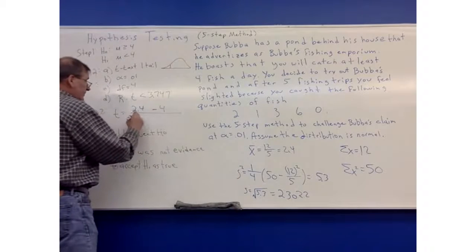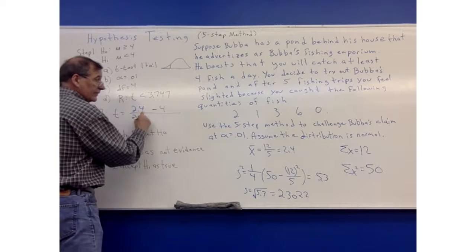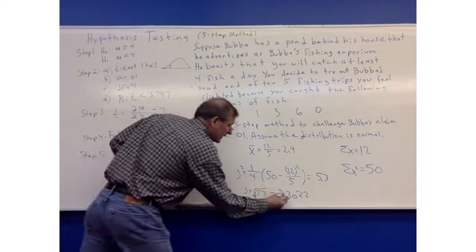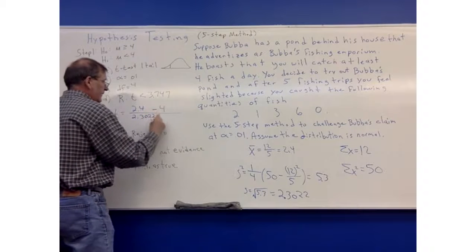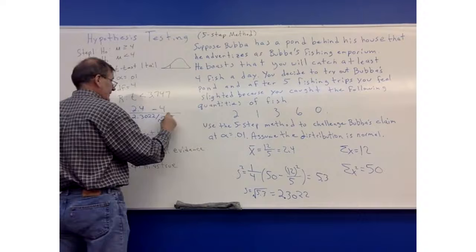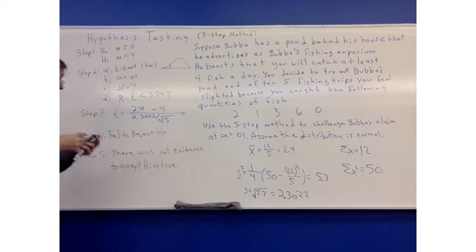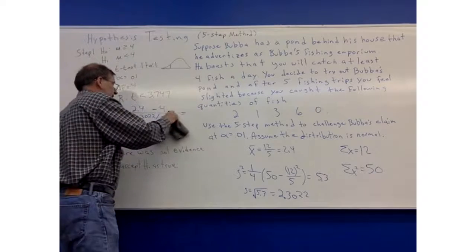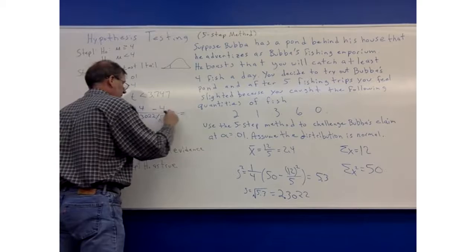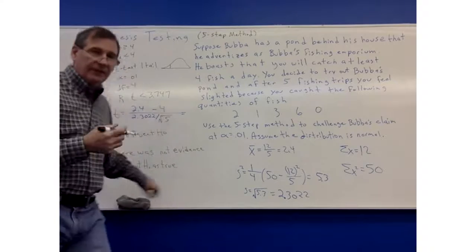This is going to be S, 2.3022, divided by the square root of n. N was 5. Okay, so we had to compute, well, we didn't have to compute the square root of 5, but we had to compute all the other numbers.